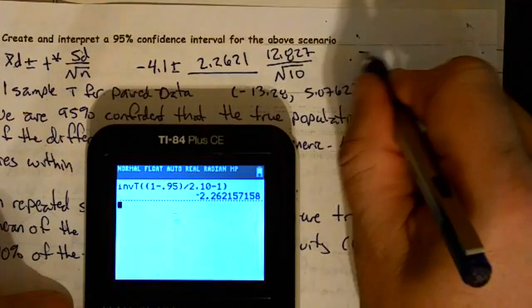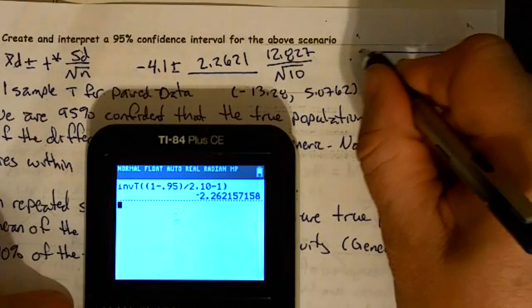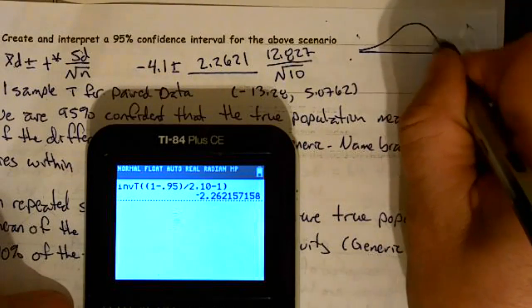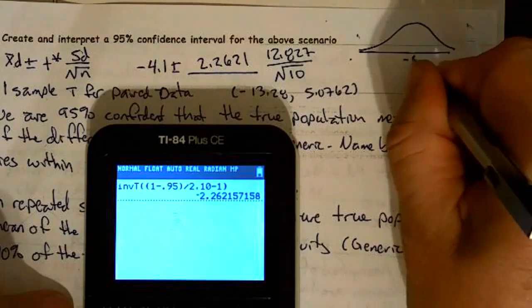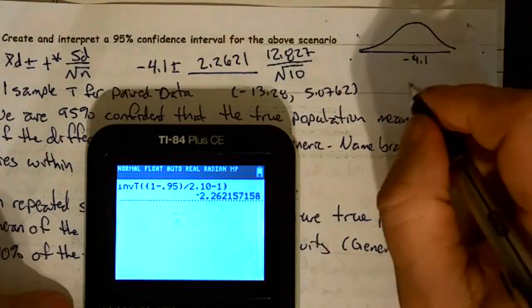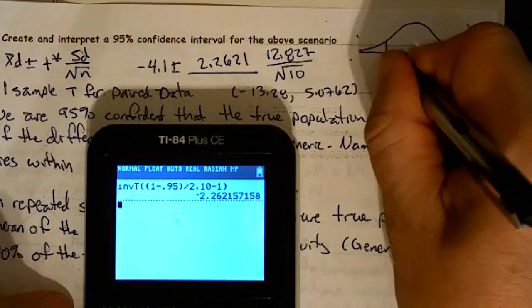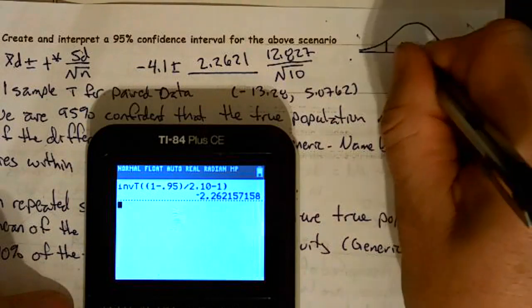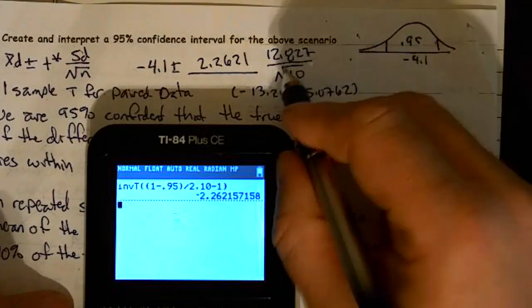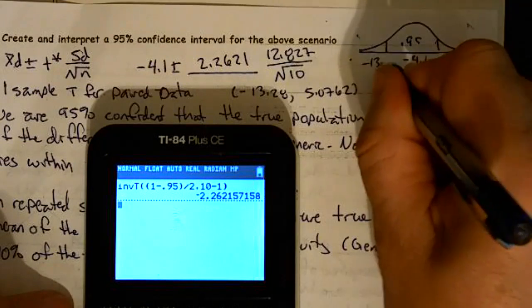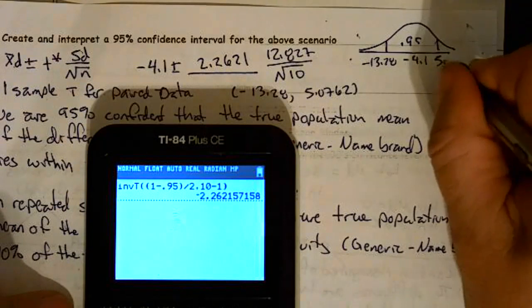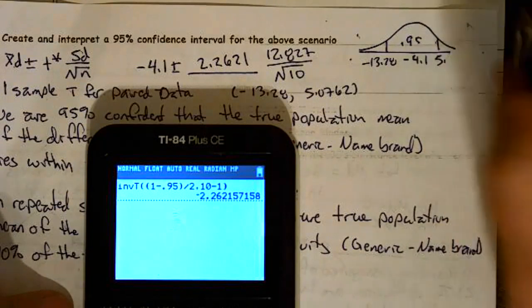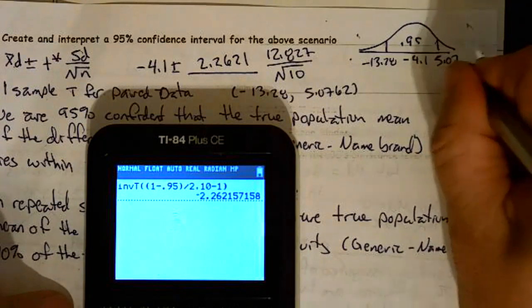If I draw my graph, my graph is centered at negative 4.1. And then we have 0.95, and my lower bound is negative 13.28 and my upper bound is 5.0762.